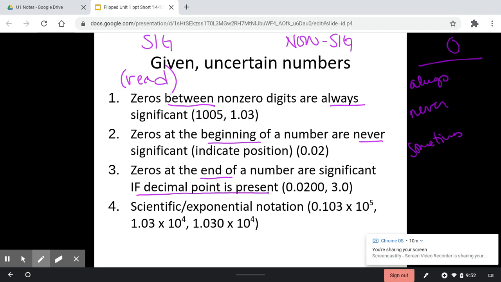Extensive is going to be dependent on the amount of matter present. And then intensive is going to be not dependent on the amount of matter present.